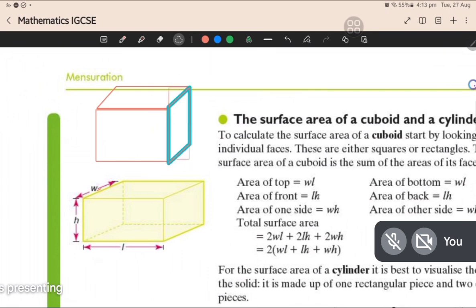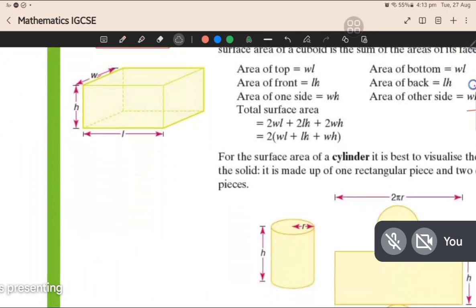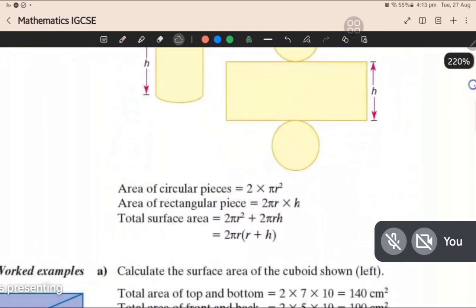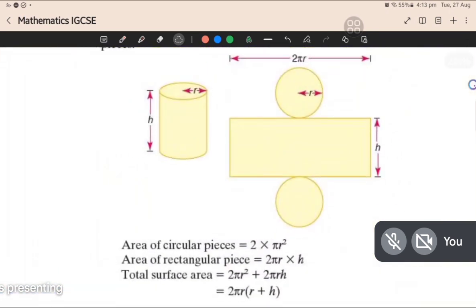So what happens is you open this. For example, here is a cylinder and you've opened this. So this is a net diagram of a cylinder.